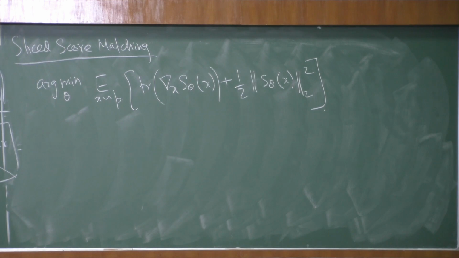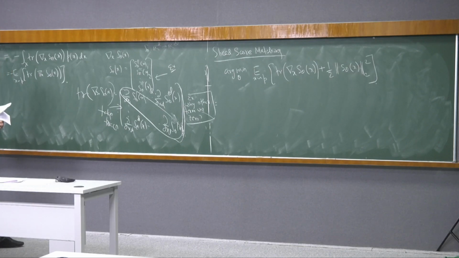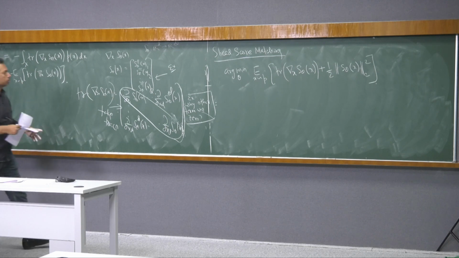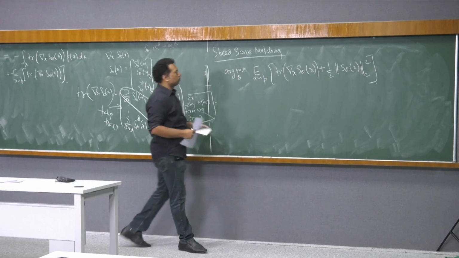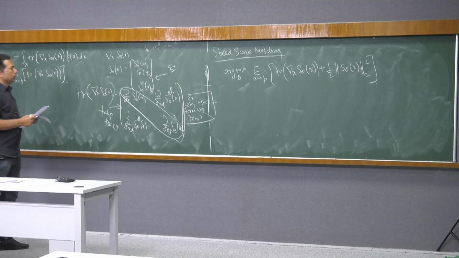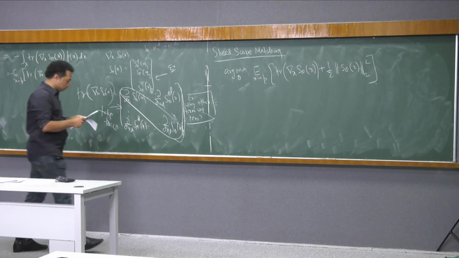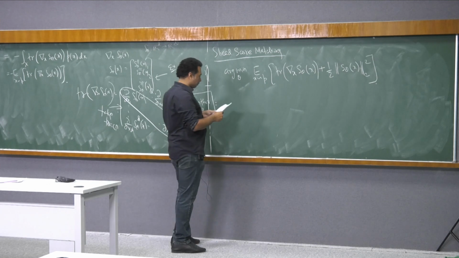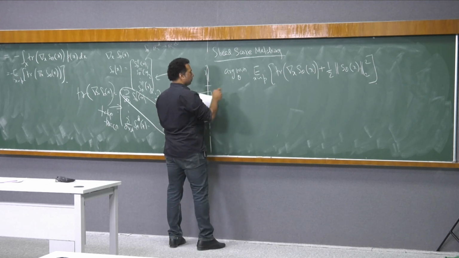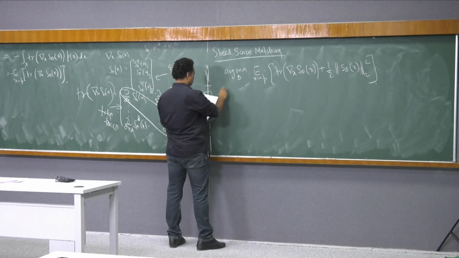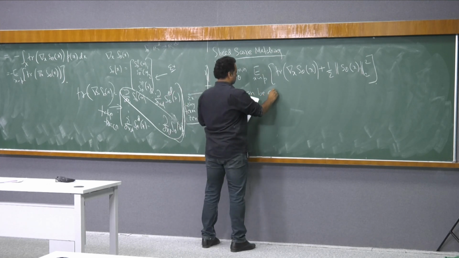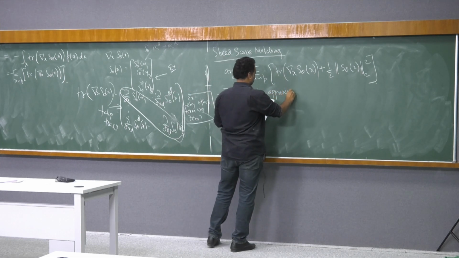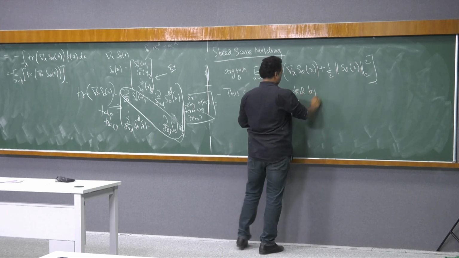Sliced score matching refers to the idea that sometimes if the original problem is difficult, you may want to project it into a smaller dimensional space where it is cheaper to compute. That's the main idea. But before that, some remarks on this. This can be approximated by Monte Carlo.